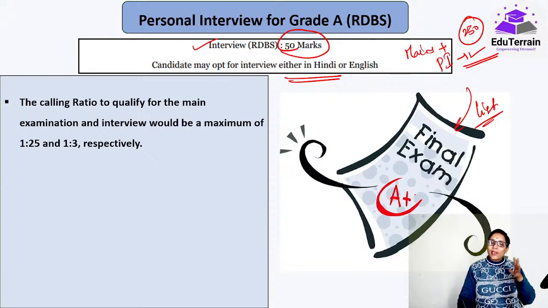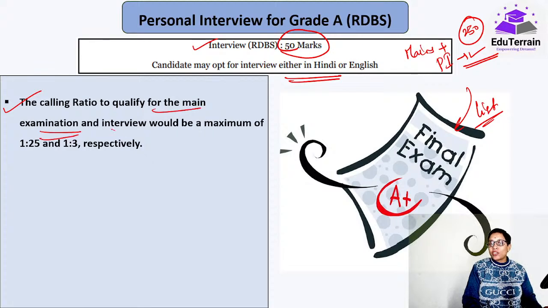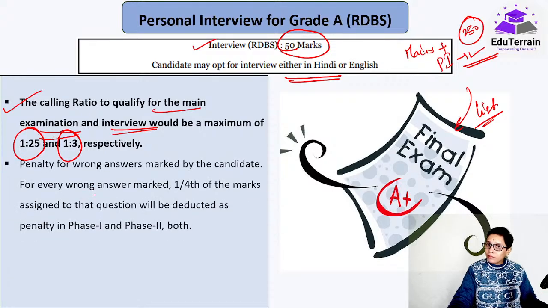Okay, so before that, a few important points to focus on. The calling ratio to qualify for the mains examination and interview would be, in general, a maximum of 1:25. For every post they will be calling 25 candidates for the mains examination, and for the interview, for every one post they will be calling at least 3 candidates.